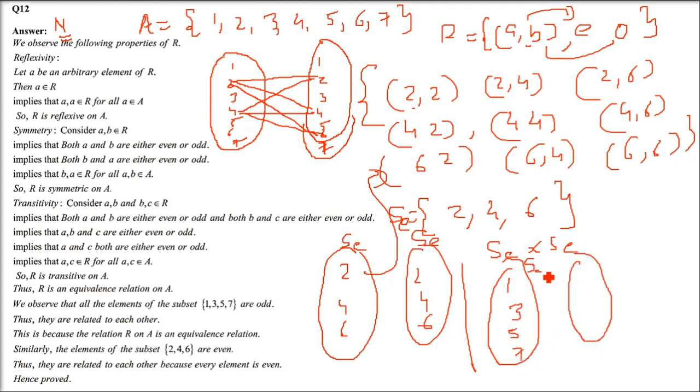So this is S_O, S for set, O for odd. If you take the cross product, what do you get? (1, 1), (1, 3), (1, 5), (1, 7), (3, 1), (3, 3), (3, 5), (3, 7), (5, 1), (5, 3), (5, 5), (5, 7), and (7, 1), (7, 3), (7, 5), (7, 7). This is the only possibility because both have to be odd.